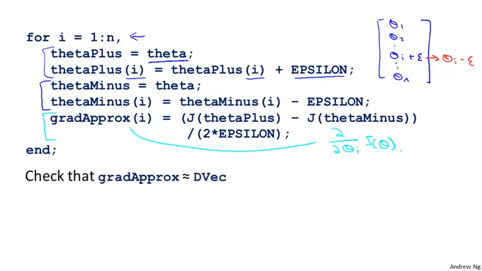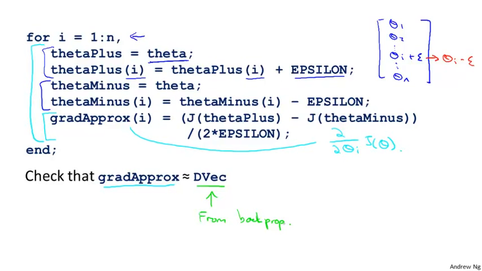And the way we use this in our neural network implementation is we would implement this for loop to compute the partial derivative of the cost function with respect to every parameter in our network. And we can then take the gradient that we got from backprop. So dvec was the derivatives we got from backprop. Backpropagation was a relatively efficient way to compute the partial derivatives of our cost function with respect to all of our parameters.